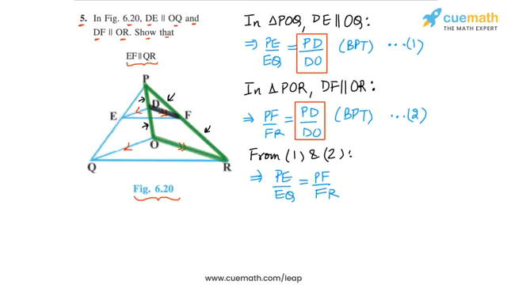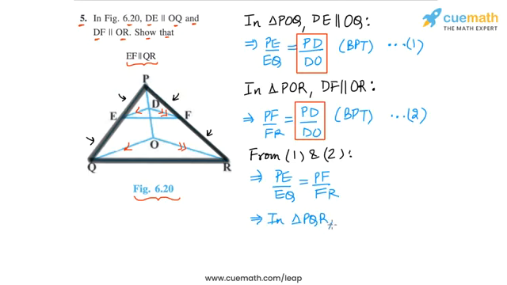If these two ratios are equal, then in triangle PQR, EF is dividing PQ and PR in the same ratio, and this means that EF must be parallel to QR. And why? This is what the converse of the basic proportionality theorem says. So we had to prove that EF is parallel to QR, and this is what we have done.